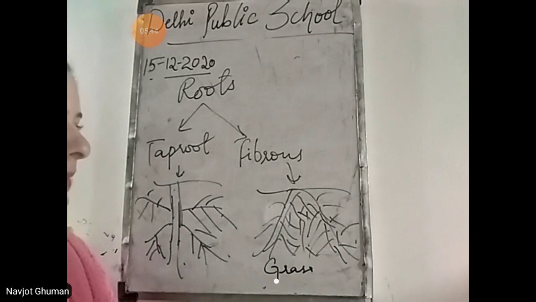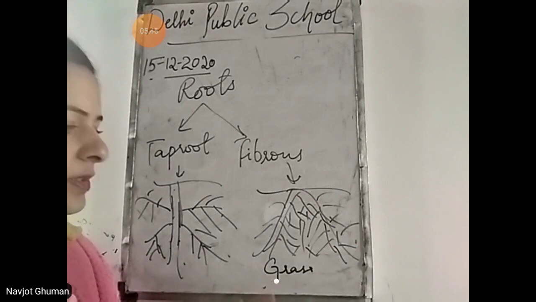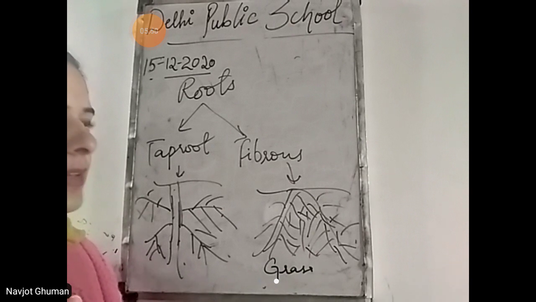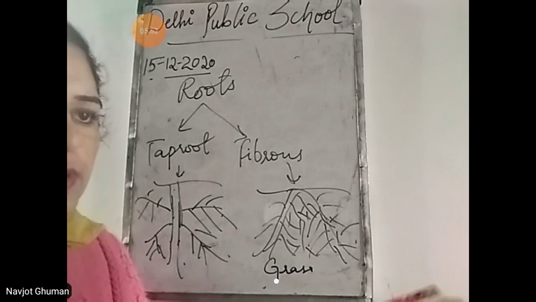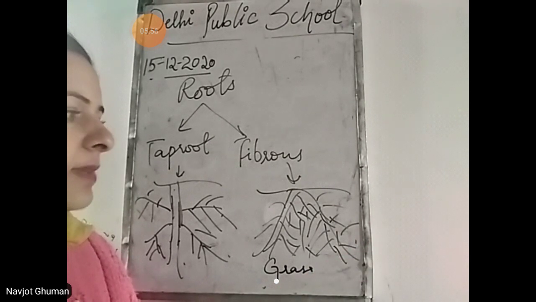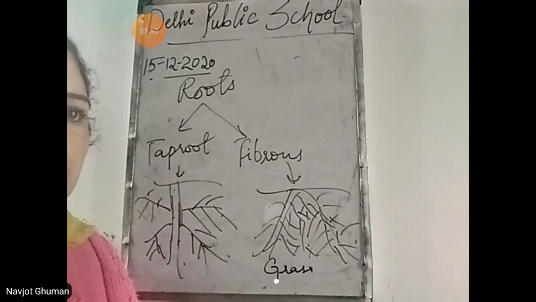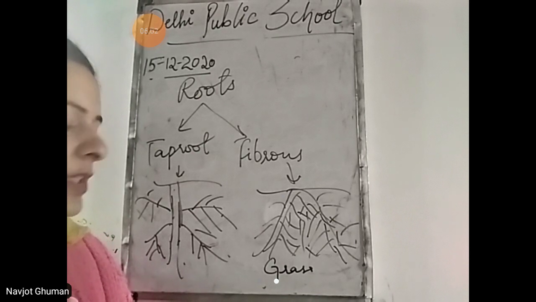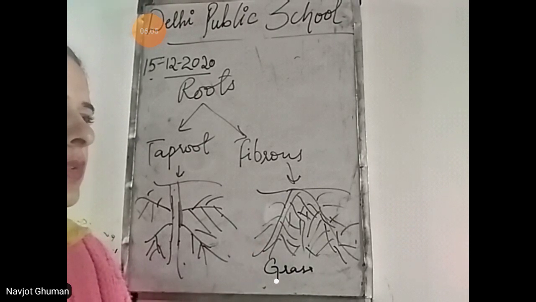Then some plants store their food in the roots only. These roots are eaten as food. Example, turnip, जो आप खाते हो, turnip, शलगम, beetroot, carrot, they are eaten by human beings as most of the food is stored in that part only. So these are the functions of the roots.